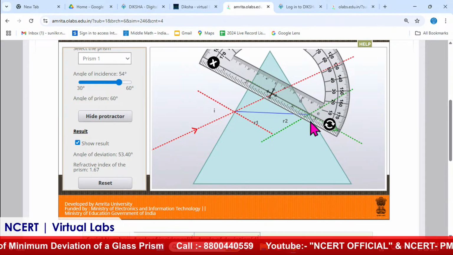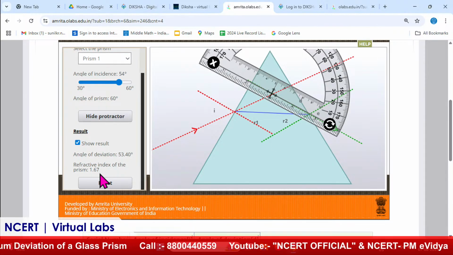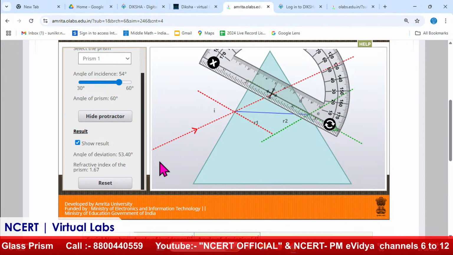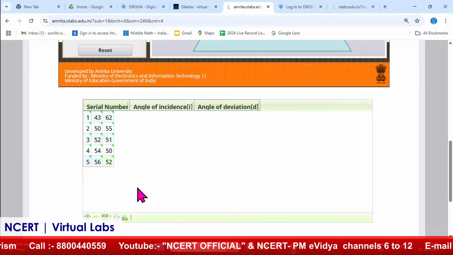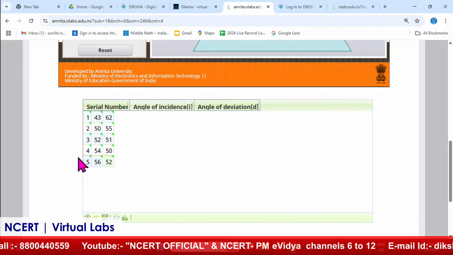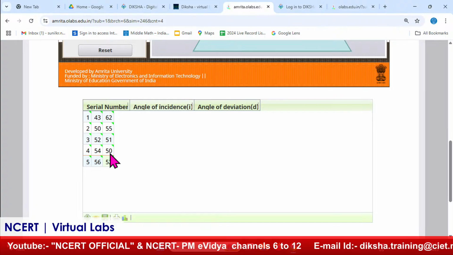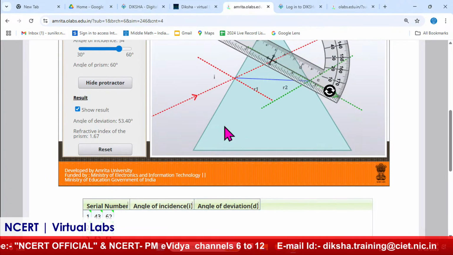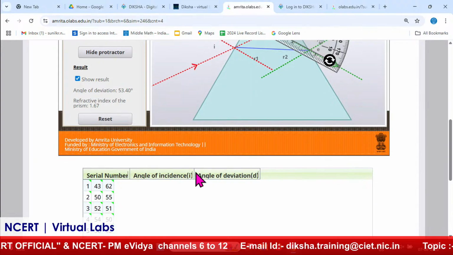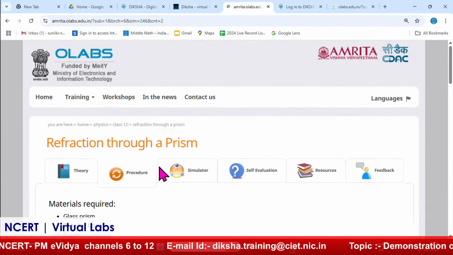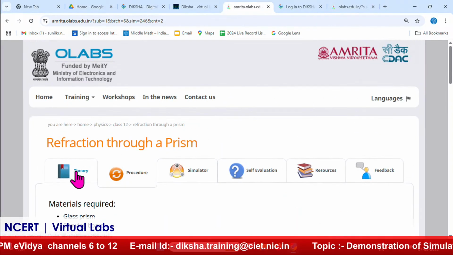Once it is calculated, the refractive index of the prism, the answer, is also given here, 1.67, which we can normally calculate manually using this minimum angle of deviation value, like this 50 degrees is the angle of minimum deviation. Using this value, I will come back to the theory part.